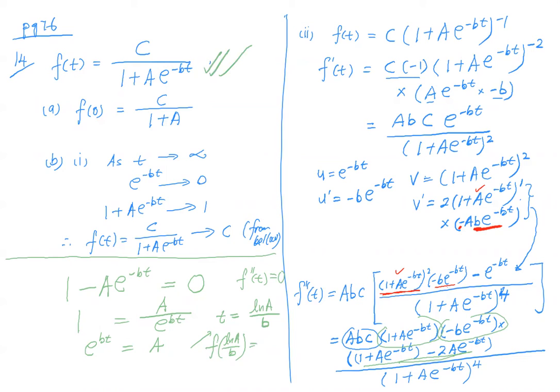So it will be c divided by 1 plus a, what is this one? e to the power of negative bt.